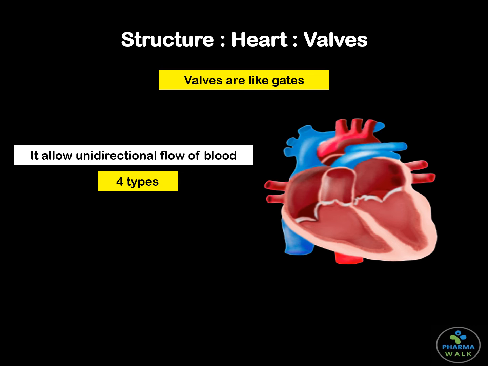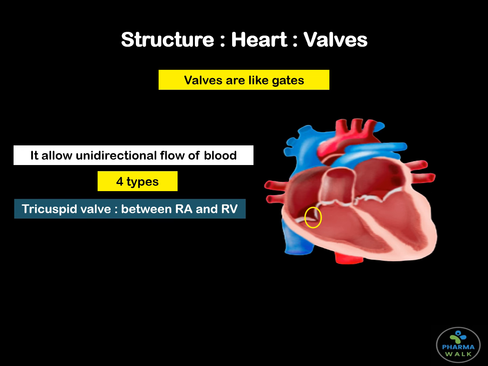So which are the four types of valves? The first one is the tricuspid valve, which is located between the right atrium and the right ventricle. So how does it work? When the blood comes into the right atrium, this valve opens like a door, like a gate. And once the entire blood comes into the ventricle, the valve closes.